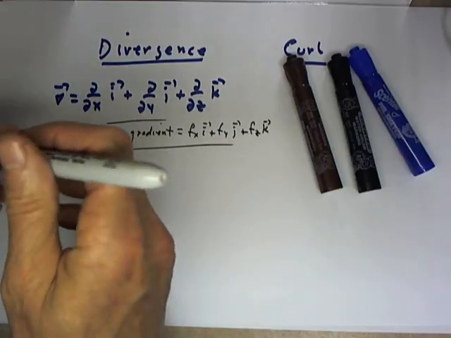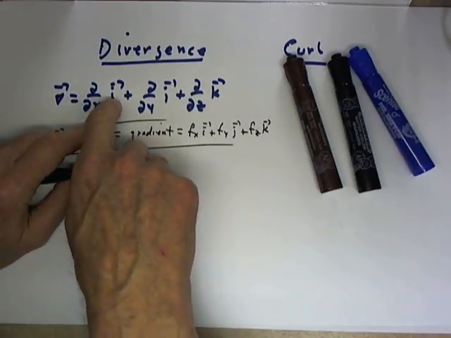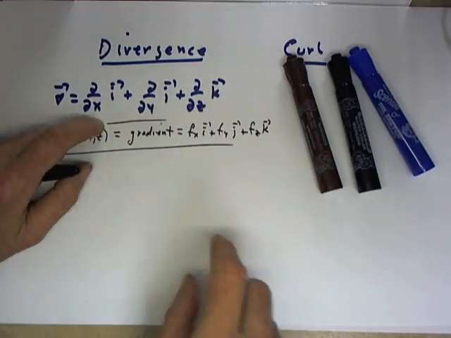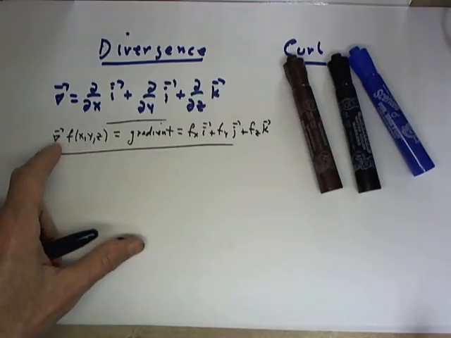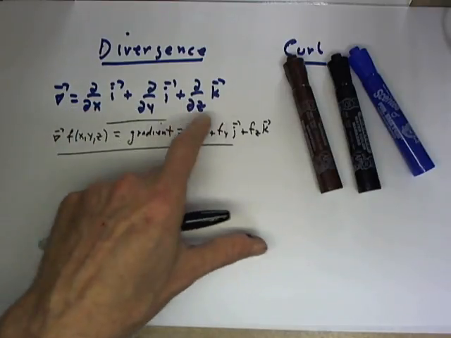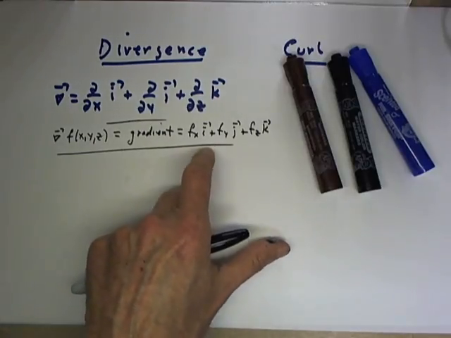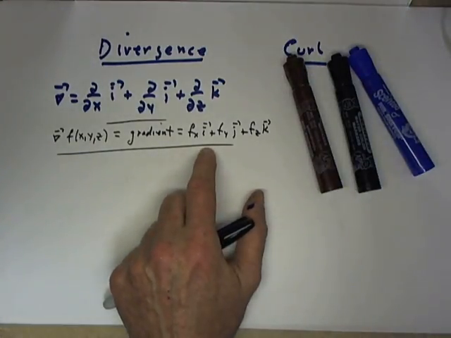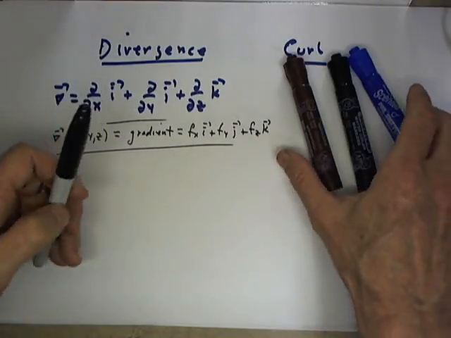Applied to a vector function, we can't multiply a vector by a vector in the sense that we've sort of applied this operator to a scalar. It's almost like a multiplication with distributive laws and so forth. But there is no single operation of multiplication on vectors.